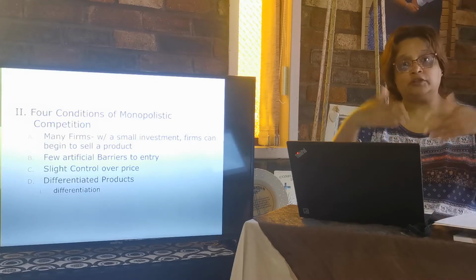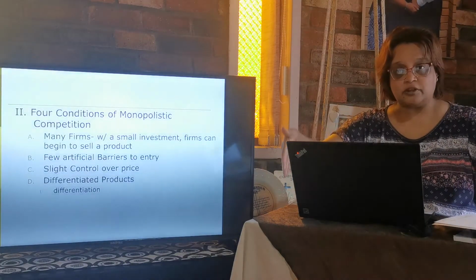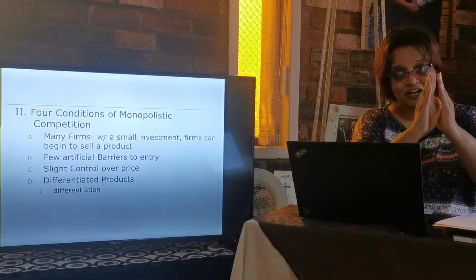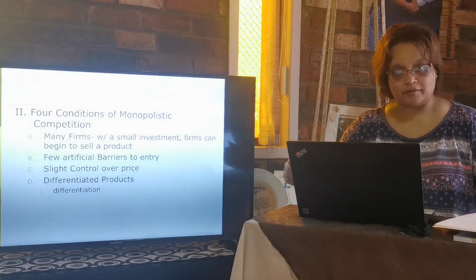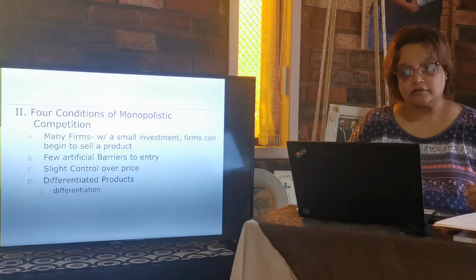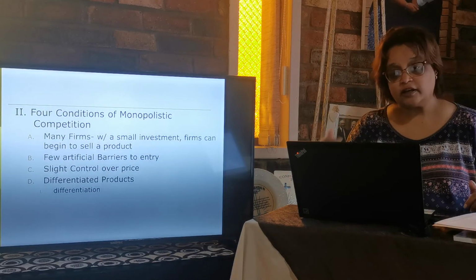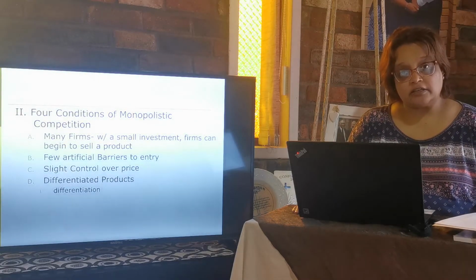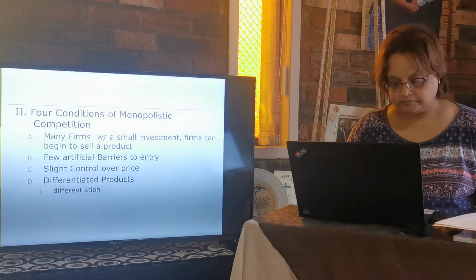If you go into Oni, you've got the whole Oni line, but you've got the different variants within the Oni line. That means that the product line is differentiated in width and depth as well. So with monopolistic competition, because there are so many sellers of differentiated products, the differentiation is of a greater scale within this specific market sector.